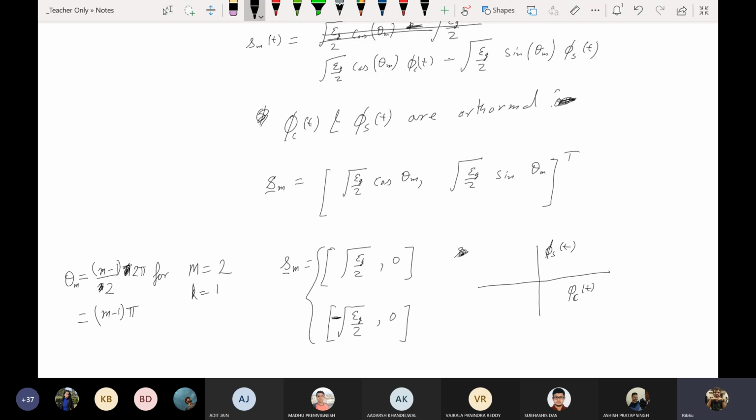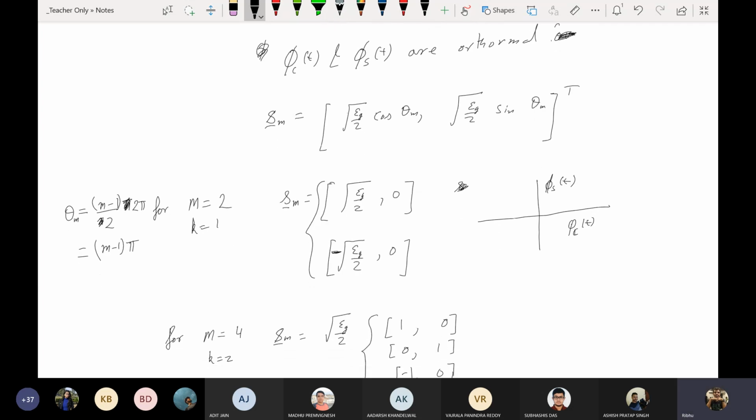In this case, θ_1 equals 0, θ_2 equals π. I substitute those and I get these. Fine.